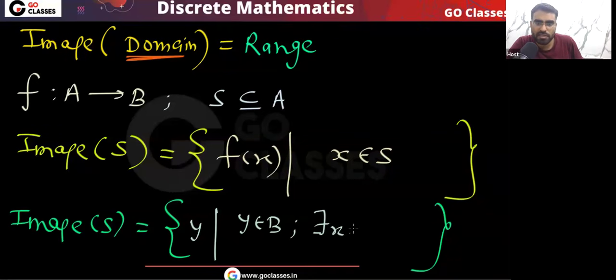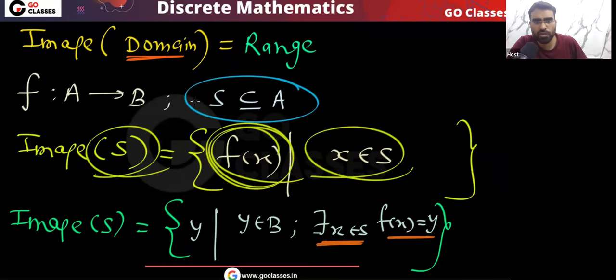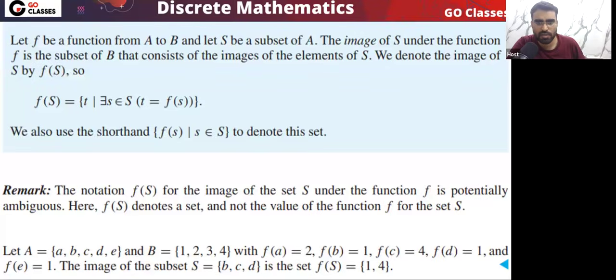There exists some element x in S such that f(x) is equal to Y. So this is another way to define the image of S. This is a function from A to B, and S is a subset of A. The image of S will be the elements of codomain such that there is some element in S which is mapping to Y. Or in other simple words, for every element of this set S, just find what the image is, and that is your image of set S.